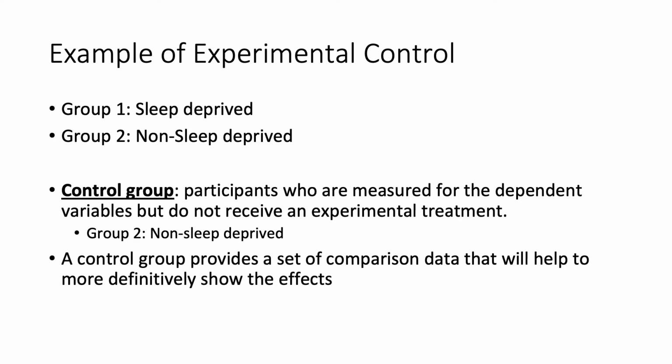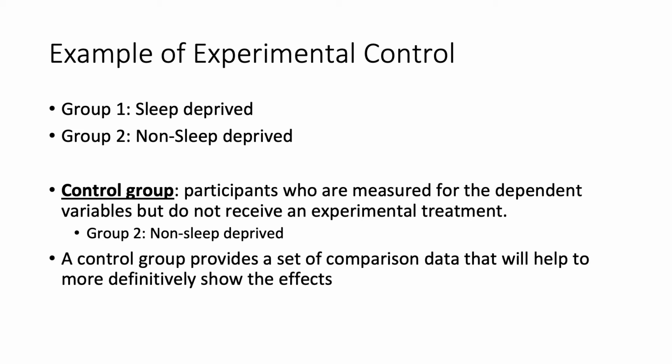Another example of how we can provide experimental control, besides not having individuals take some supplement such as creatine, is that we can provide a control group. Let's say, for example, we want to look at sleep deprivation, where group 1 is sleep deprived and group 2 is a non-sleep deprived group. The goal of a control group is that the participants are measured for the dependent variables, but they do not receive any experimental treatment.